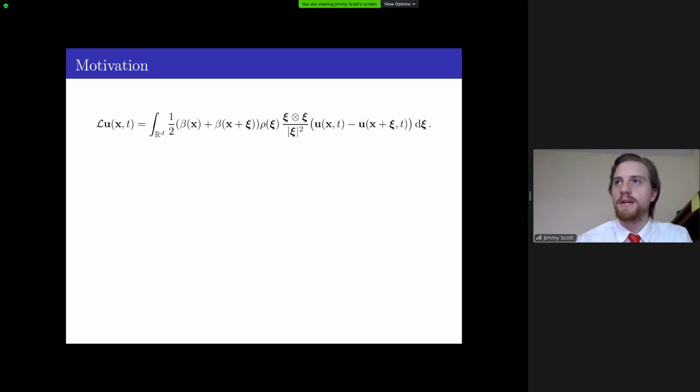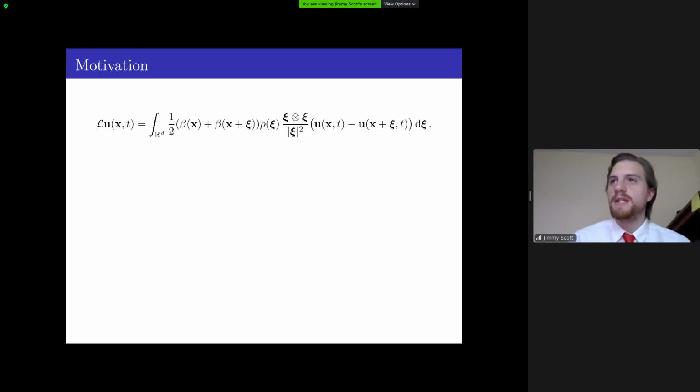Anyway, so the motivation is again the bond-based linearized model, or a formulation of it. Everything that we'll be describing, because this is a talk on theory, is what we were able to prove.